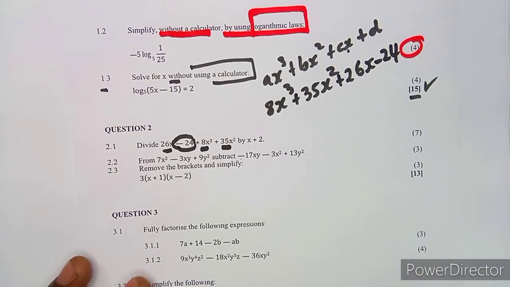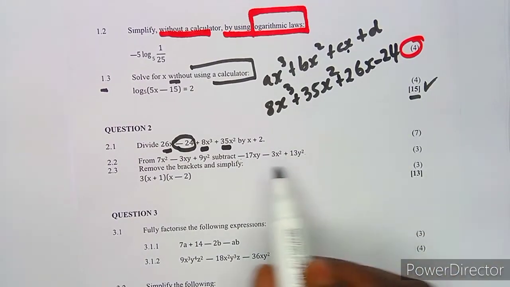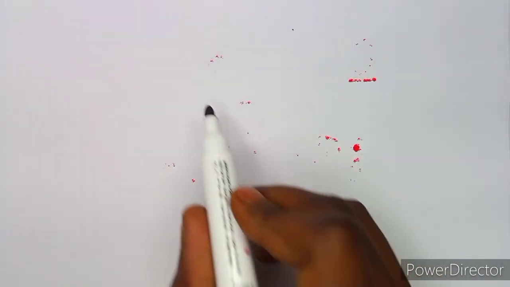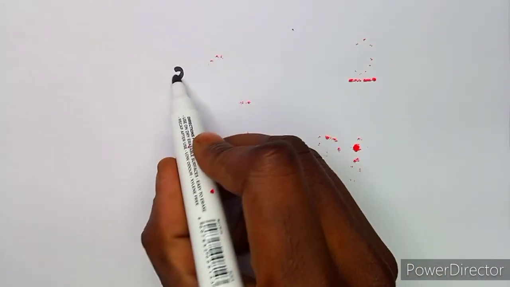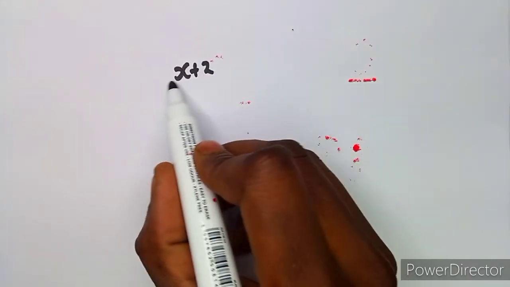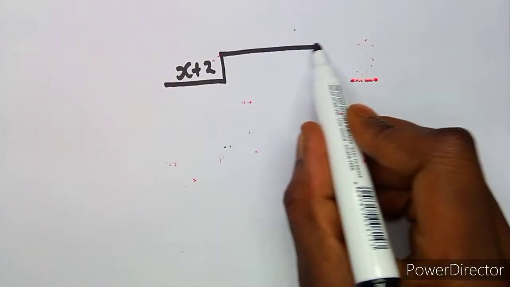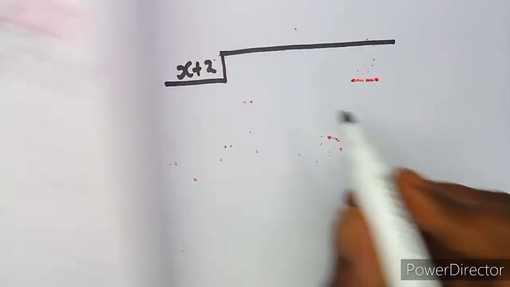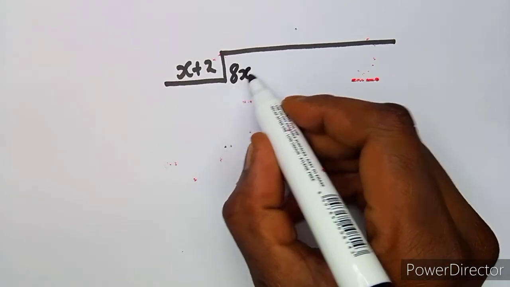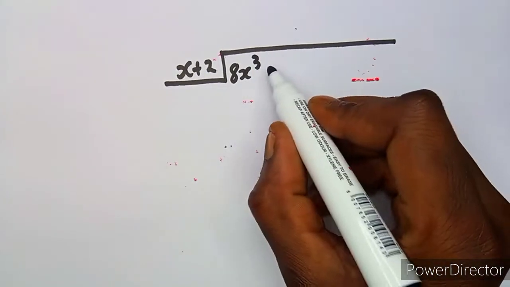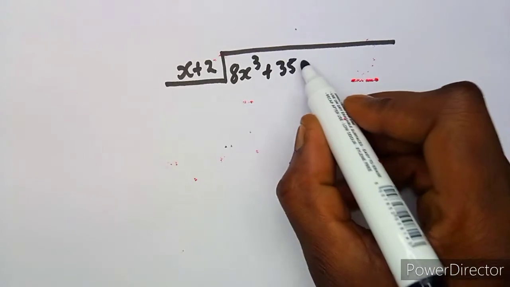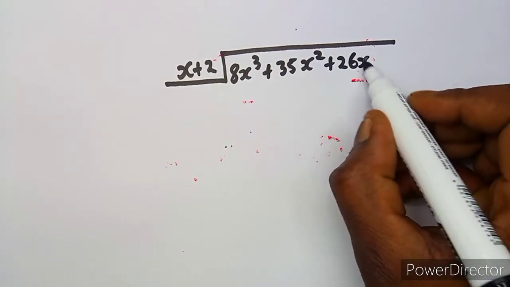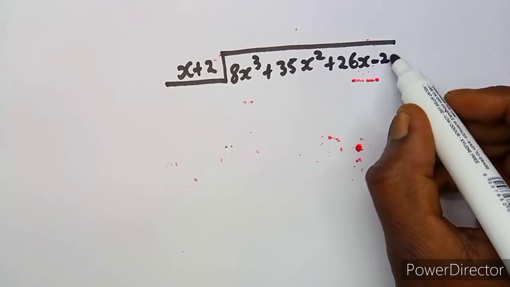All right, so that is our expression that is going to be divided by what? By x plus 2. So remember, guys, how you divide, I told you, it's going to be x plus 2 dividing this whole expression, which is 8x cubed plus 35x squared plus 26x minus 24.